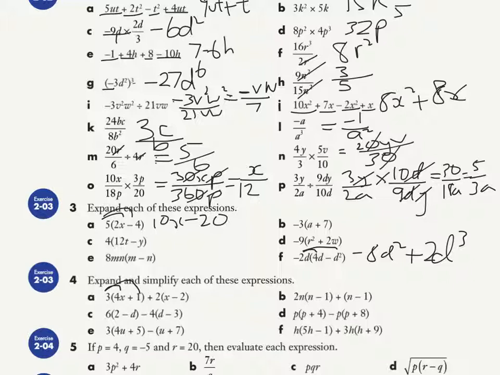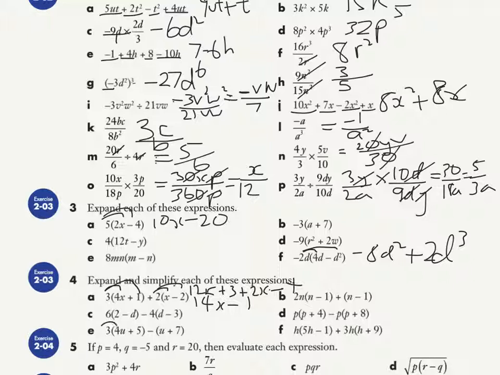Expand both brackets. So we get 3 4s are 12x, 3 1s are 3, plus 2 times x is 2x, minus 2 2s are 4. We simplify, 12x plus 2x is 14x, 3 minus 4 is minus 1.